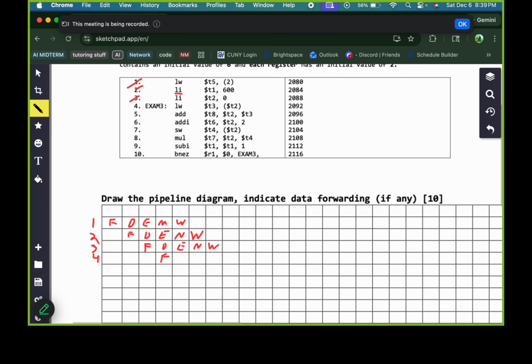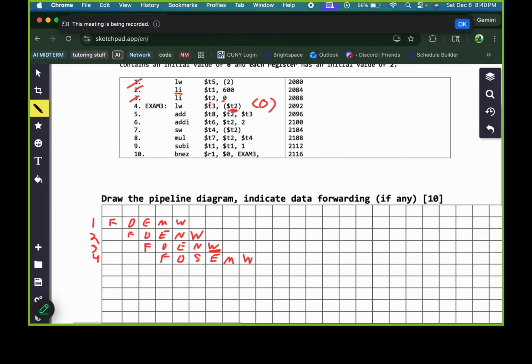Meaning, when I decode this, I see there's a dependency. I cannot exec until this write back. Right? So I have to fill in the blank with a stall. So we do fetch, decode, stall, exec, and this is a load, so mem, write back.